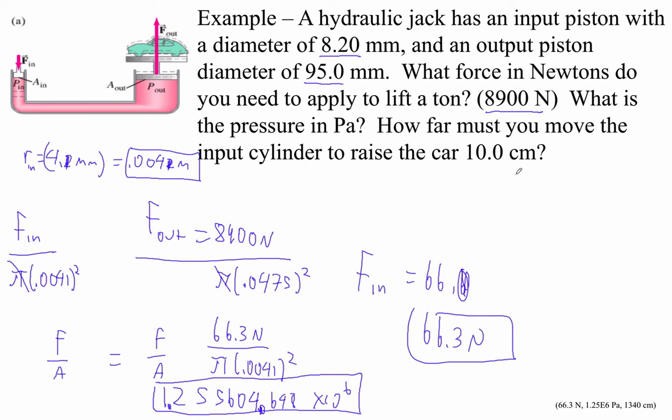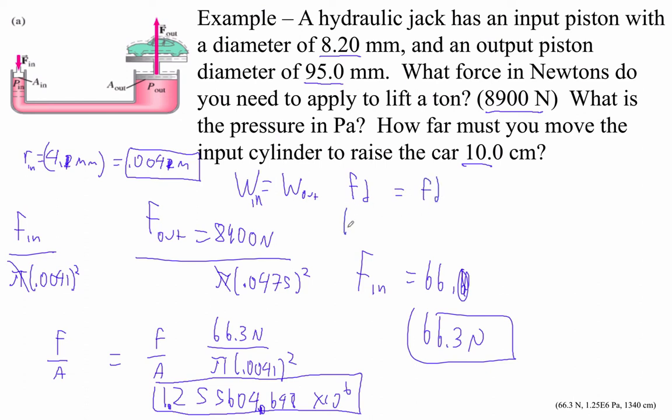And then how far must you move the input cylinder to raise the car 10 centimeters? Let's use conservation of energy to do that. So the work in has to equal the work out. So force times distance input has to equal force times distance output.